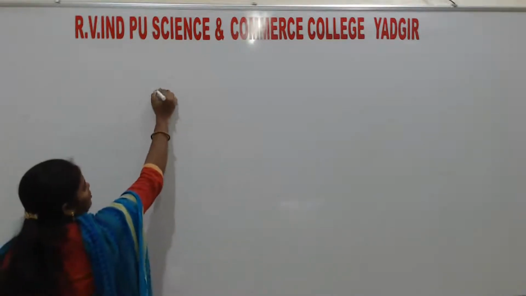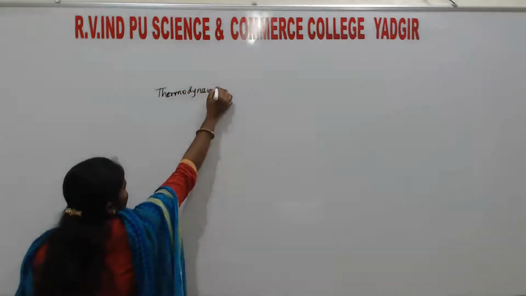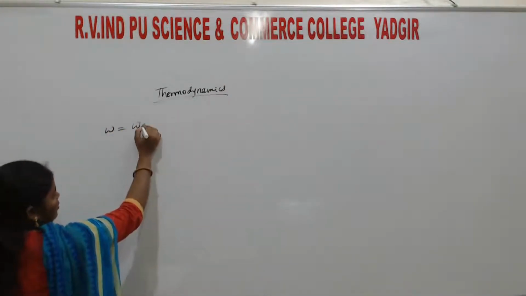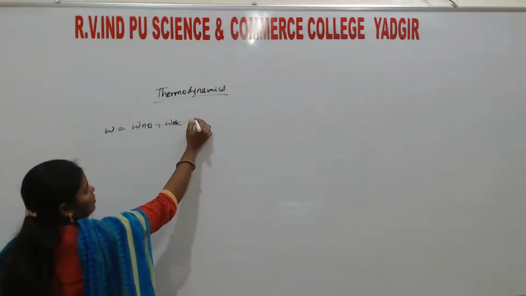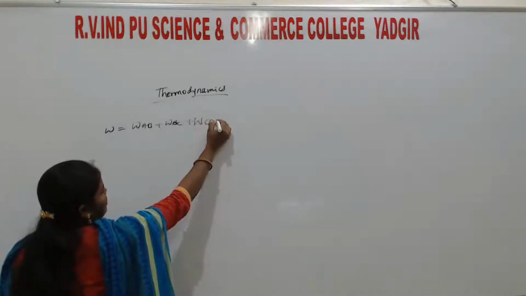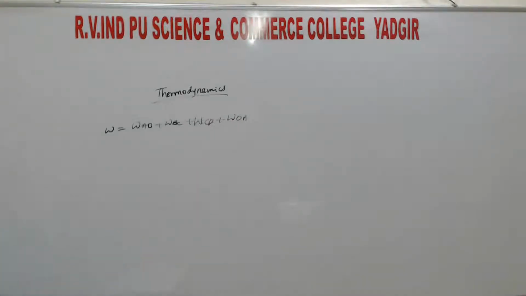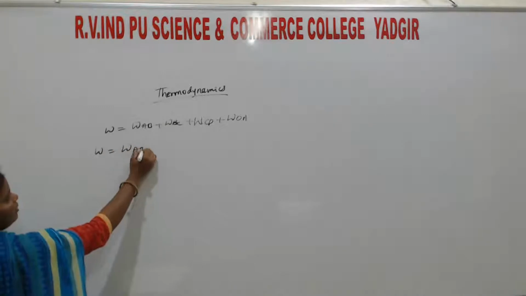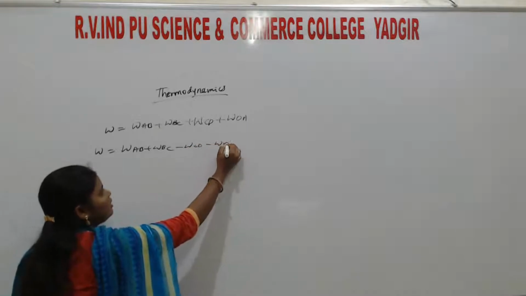Here the unit name is thermodynamics. Therefore W is equal to WAB plus WBC plus WCD plus WDA, or W is equal to WAB plus WBC minus WCD minus WDA.